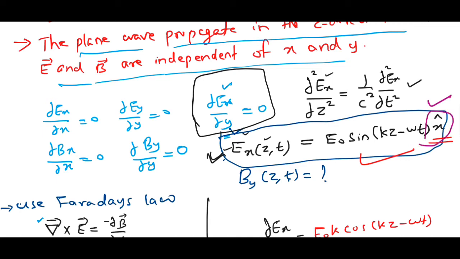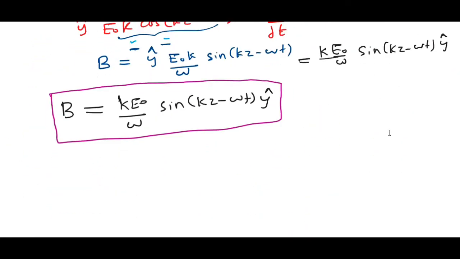Here the propagation is along the z direction. Then since it is a transverse wave, that is, both the electric and magnetic field are perpendicular to the propagation direction, the magnetic field should be along the y direction, By. That is, once again it is confirmed.